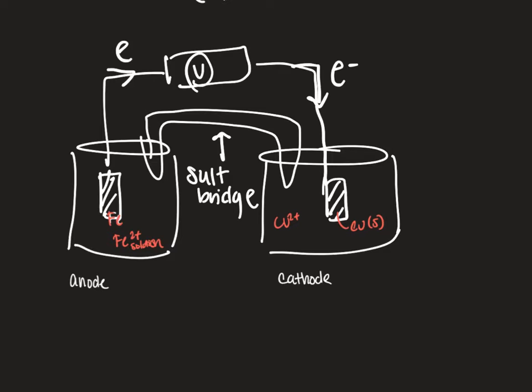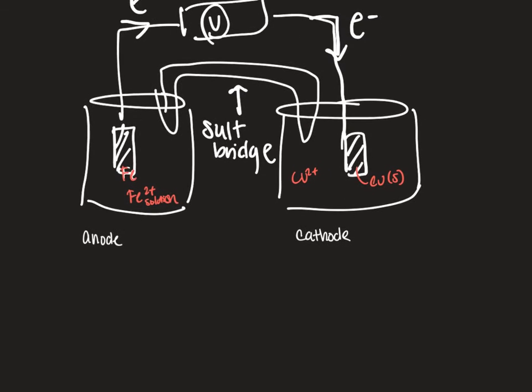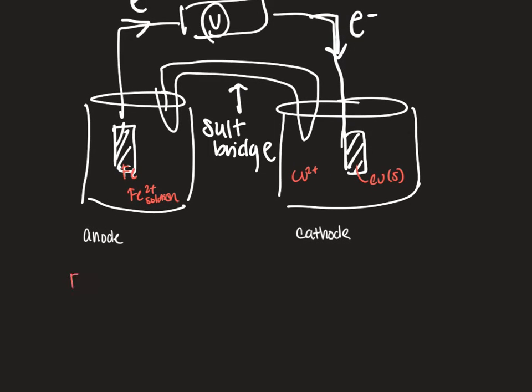Our two half reactions taking place are Fe going to Fe2+ plus 2 electrons, and Cu2+ adding 2 electrons to make solid copper. This obviously is an oxidation, so we're losing electrons from solid iron, and then we have our reduction always taking place at the cathode.